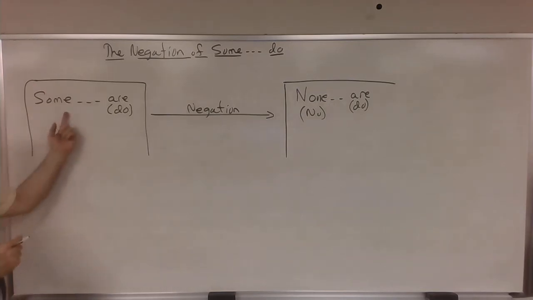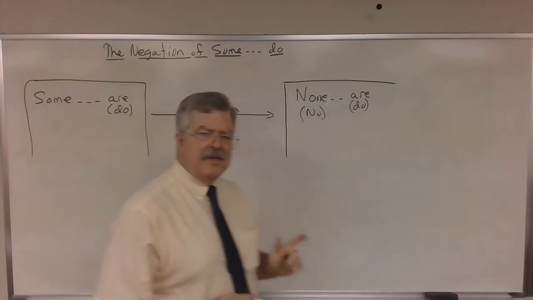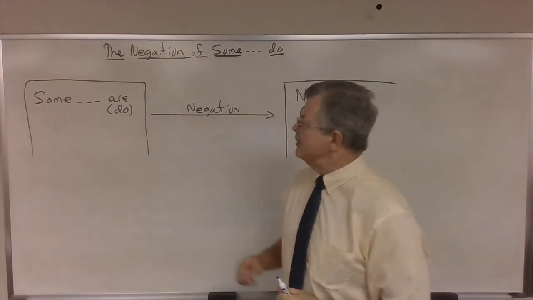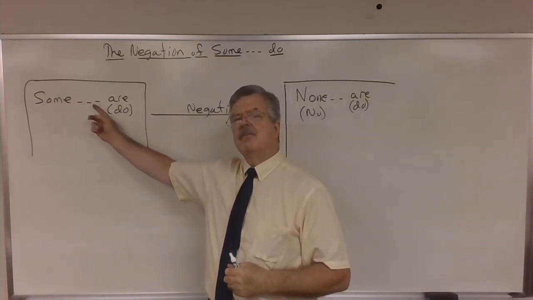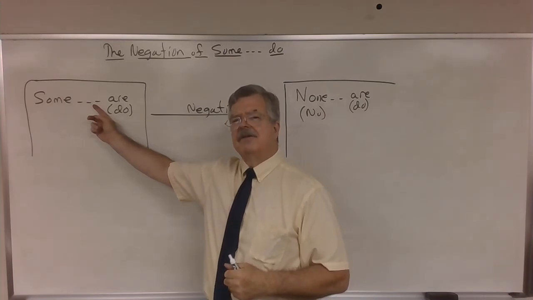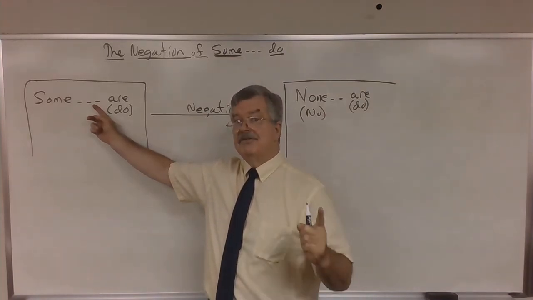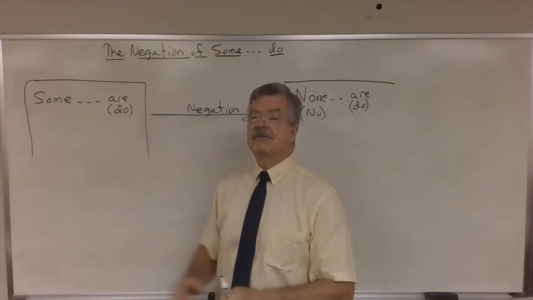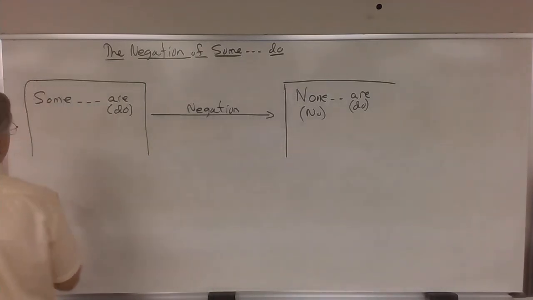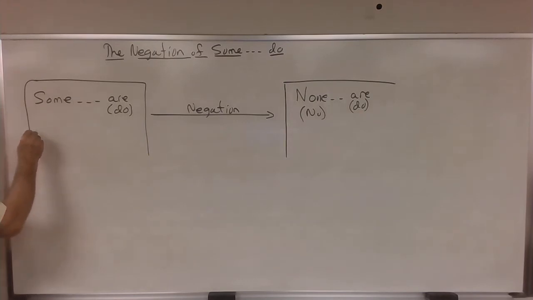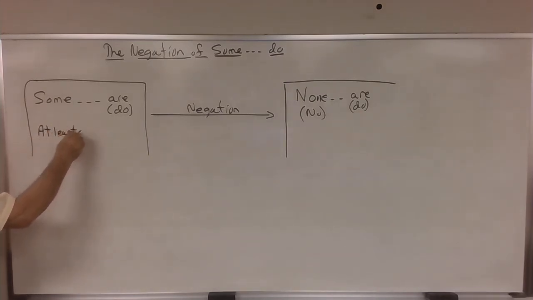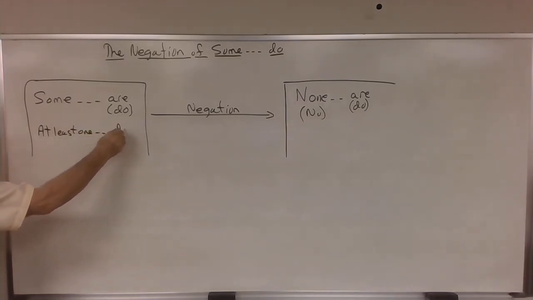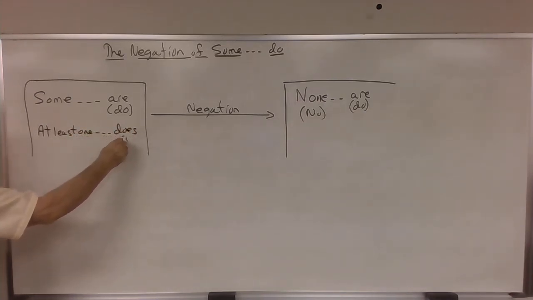Now, is there another way that we can say some are? I think for the sake of our example, we said saying some women play golf is the same as saying there exists a woman who plays golf, or at least one woman plays golf. So some are, at least one does or is.